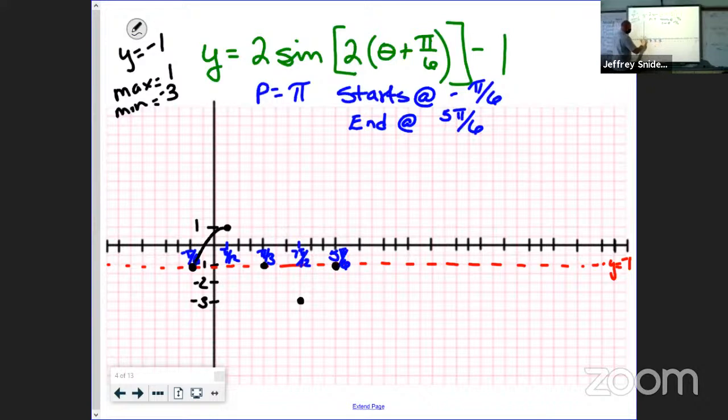So my graph should look something like this. Now, this is a great problem to kind of just focus on finding these, okay? Because sometimes that's harder to do. Like this one's harder to do unless you just count in, right?